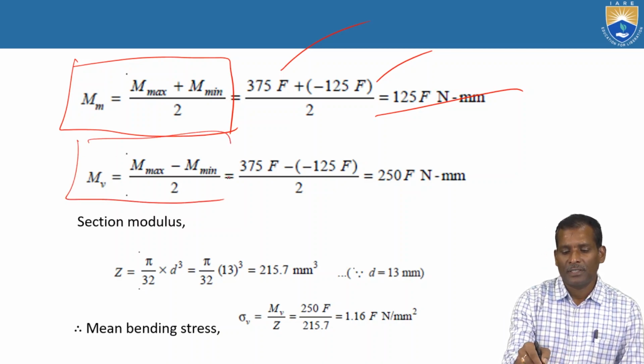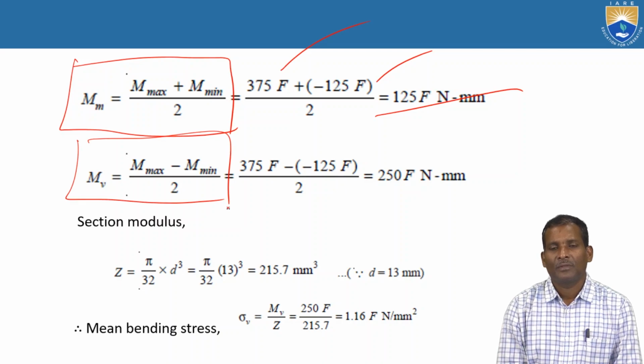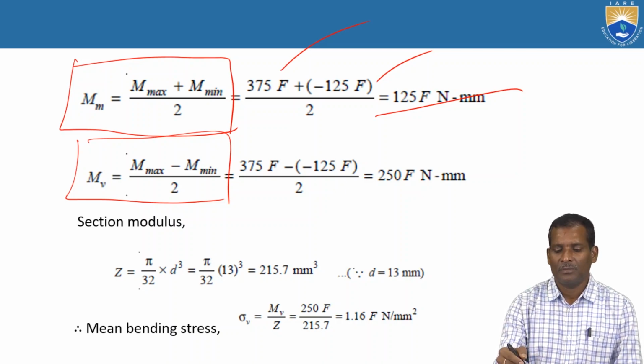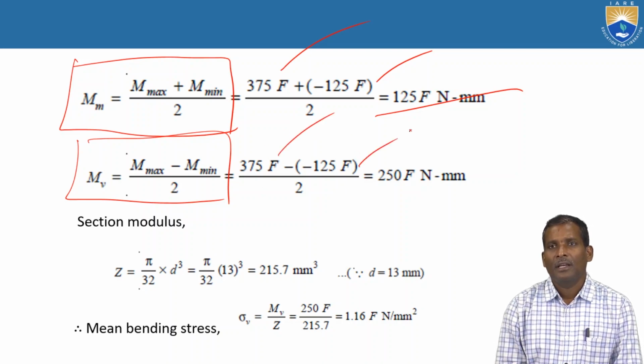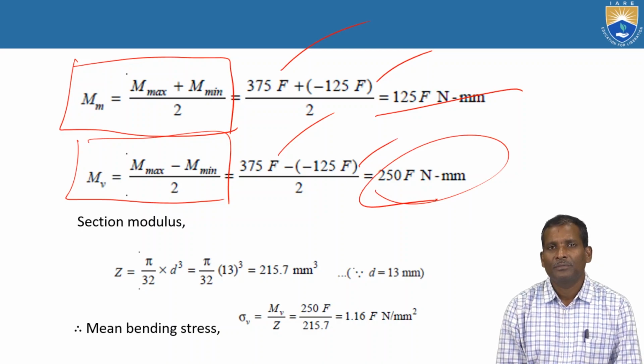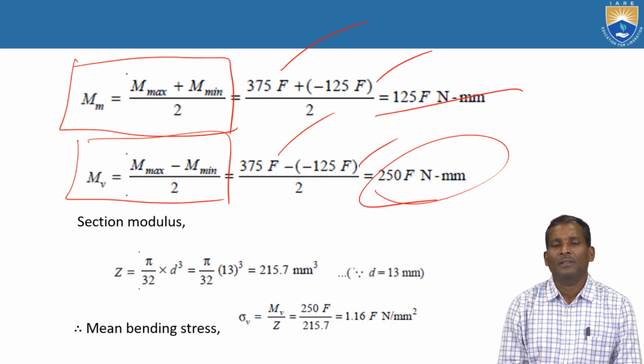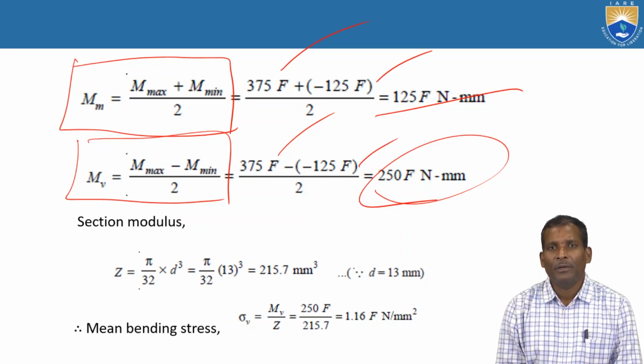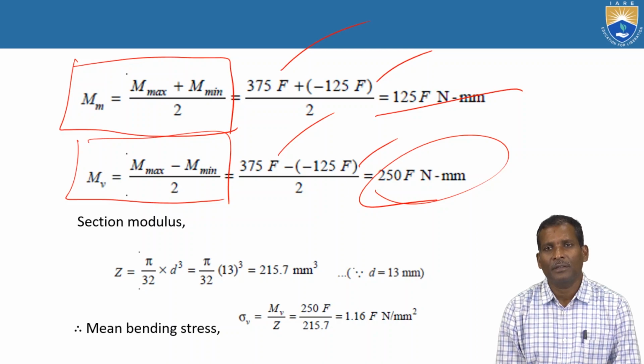Similarly, variable bending moment is maximum bending moment minus minimum bending moment upon 2. Apply the same values here and find out. So now you got mean bending moment equal to 125F and variable bending moment value 250F Newton mm.